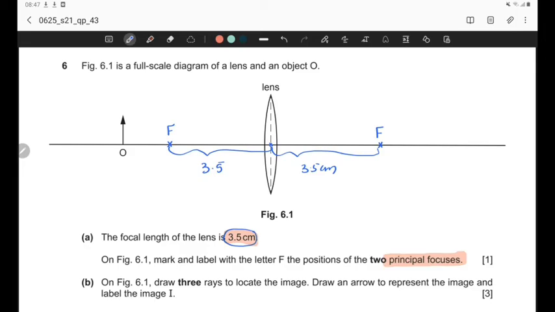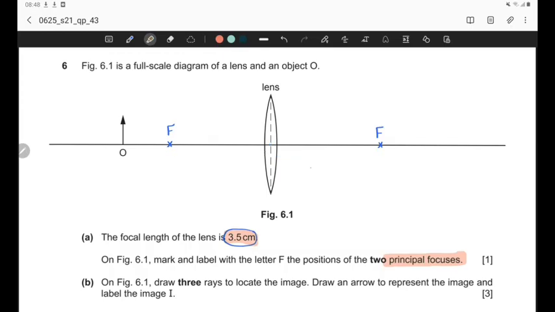As I am not using a real paper, I cannot use the ruler here, so I am just doing a rough diagram. But please make sure when you are doing this, you have the real paper and take the exact measurement, that should be 3.5 centimeter away from the center of the lens.